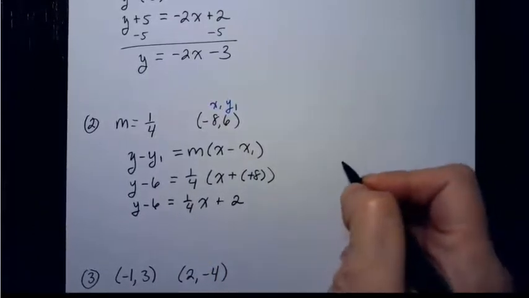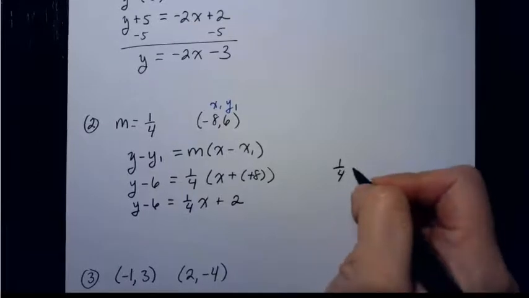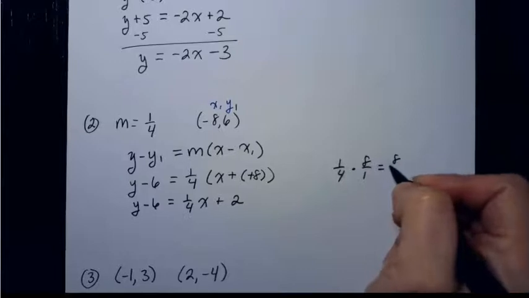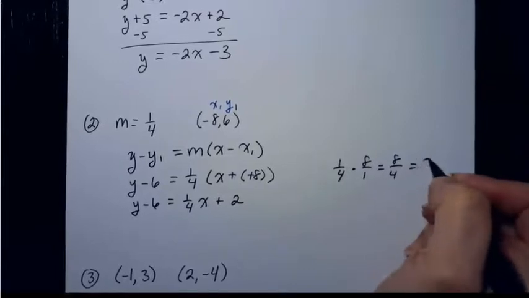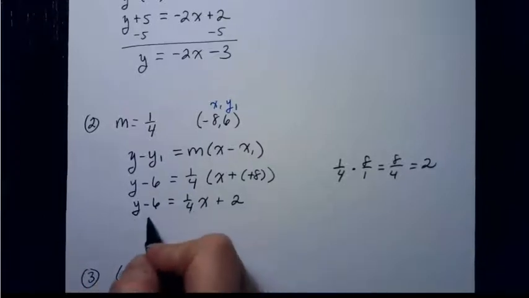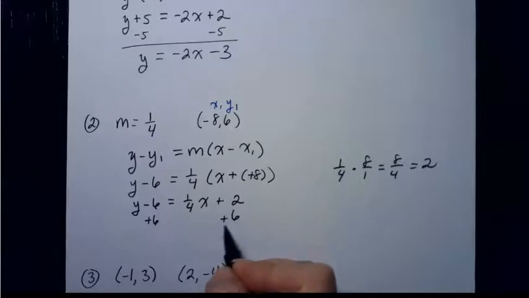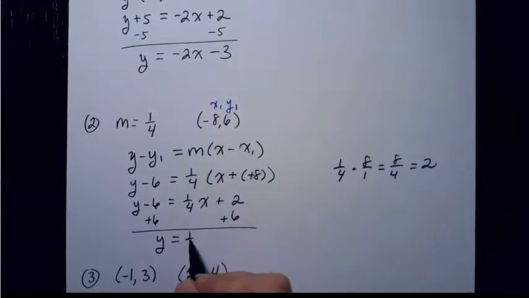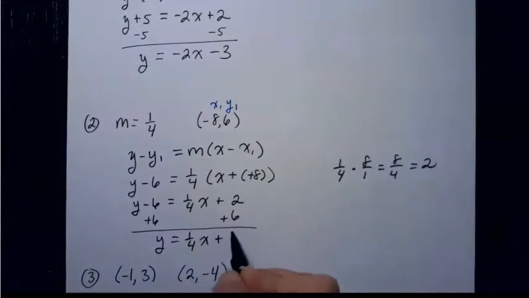If you're uncertain about that step, 1/4 times 8 over 1: 1 times 8 is 8, 4 times 1 is 4, and when you simplify 8 over 4, you have 2. Finally, I just want to get my y alone, so I'll add 6 to both sides. And we have y equals 1/4 x plus 8.